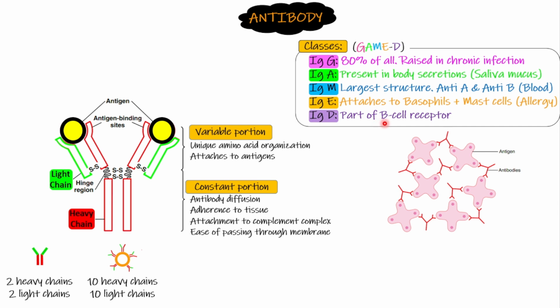So the B lymphocyte has an antibody on its surface, and that antibody, which is a part of the B cell receptor, is basically IgD.